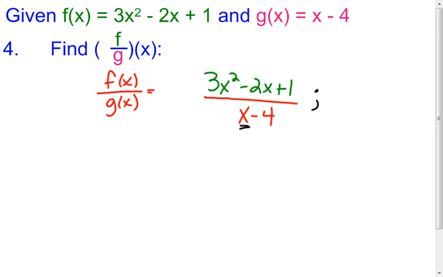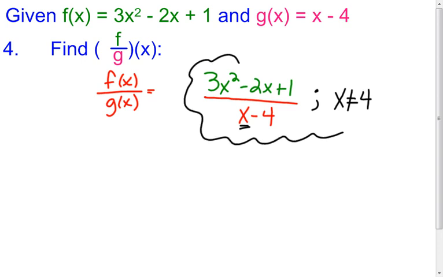The number that I would plug in for x to make my denominator 0 would be 4, because then 4 minus 4 is 0. I can't plug 4 in for x, or I will have a denominator that's 0. That would be illegal. So you need to say off to the side here that x cannot be 4. And that would be your final answer. You only need to do that when you have variables in the denominator, like I do right here.